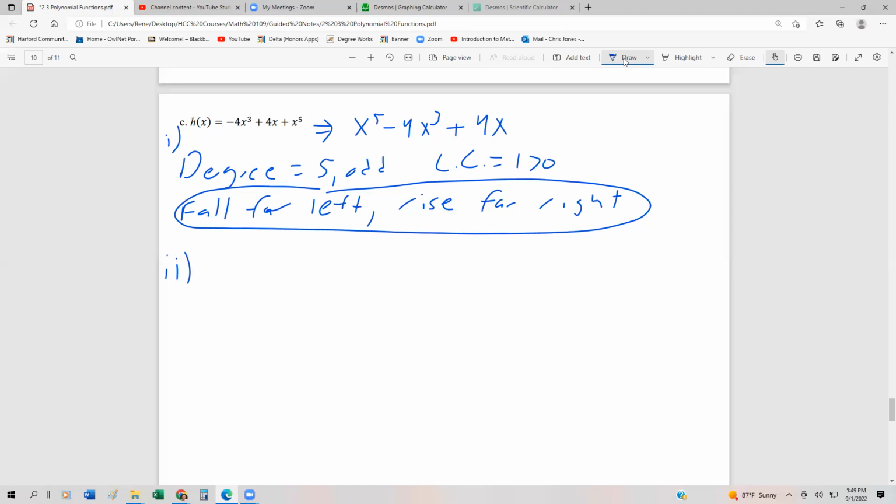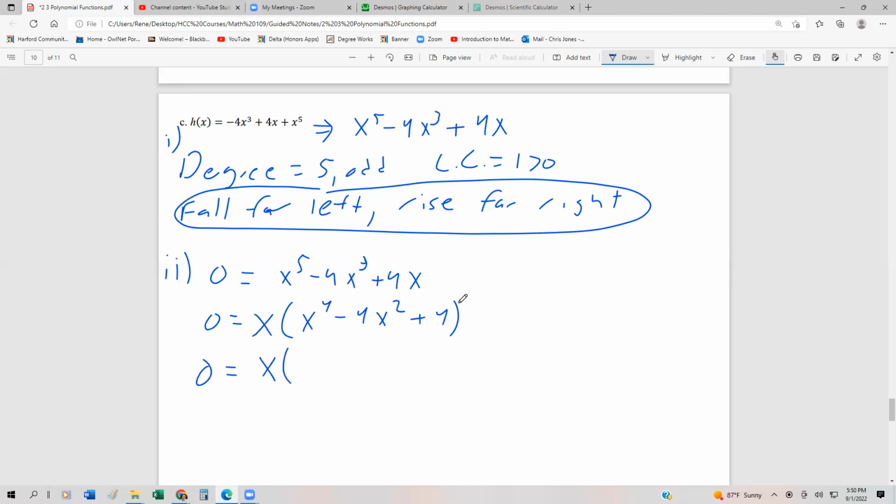Secondly, we're going to find the zeros of this. So we're going to set 0 equal to x to the fifth minus 4x cubed, and then plus 4x. Now, we could factor an x from this, and that's going to leave us with x to the fourth minus 4x squared plus 4. This one's a little bit sneakier to factor because we have a trinomial, but it's not a square. It's not in the form of ax squared plus bx plus c, but that doesn't mean it's not factorable.